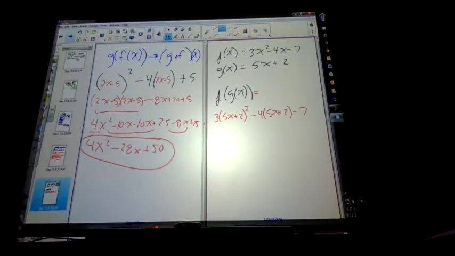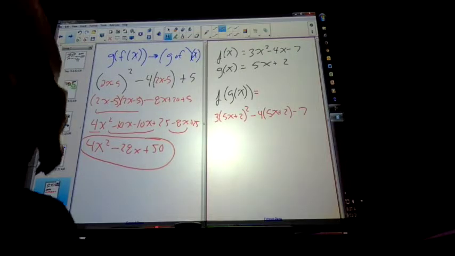That's where I started with this. Most of you, as I walk around, look like you have that. FOIL the 5x plus 2. Distributed 3. Yeah. Perfect. I think that's right.